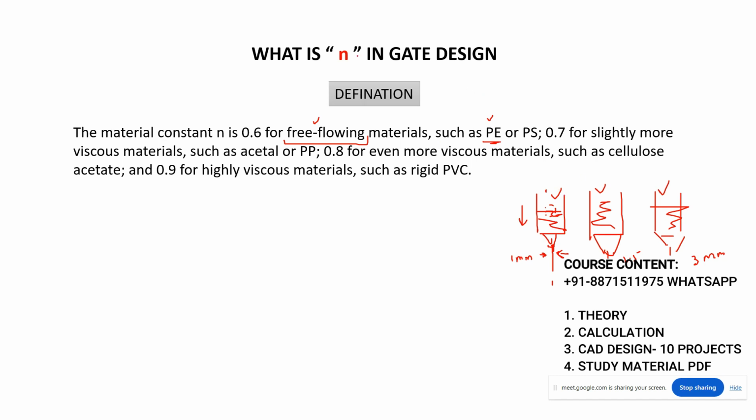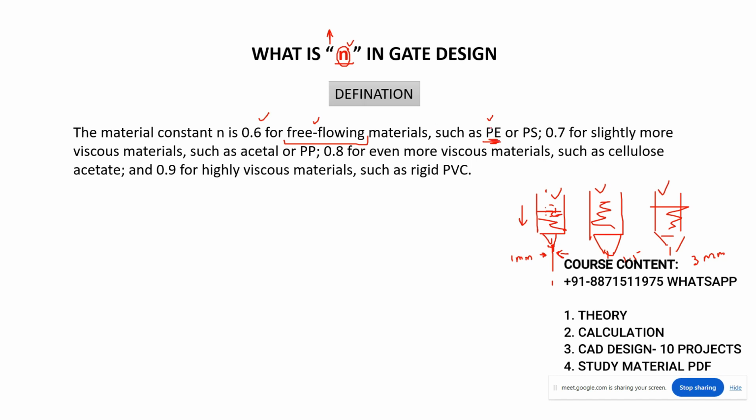So as I told you, N is the constant value depending upon the material, and the material has a viscosity property. Depending upon that viscous material, this N value will be greater. Now you can see here 0.6 for the PE material.